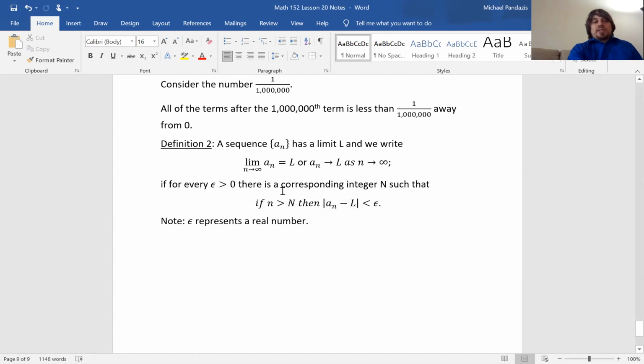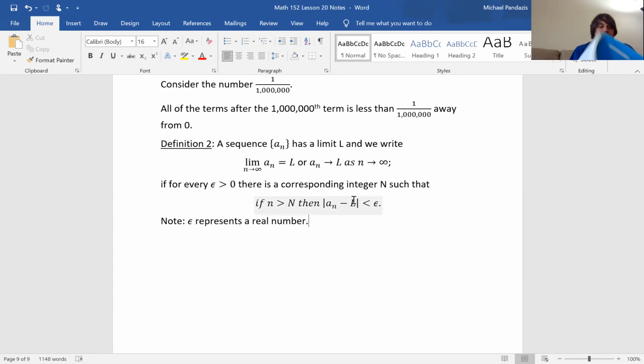So what this is saying is that no matter what positive epsilon you choose, there is a corresponding term, capital N, of your sequence, such that after the capital Nth term, all the terms after it are less than epsilon away from that limit L. Okay? That's what definition 2 is saying.